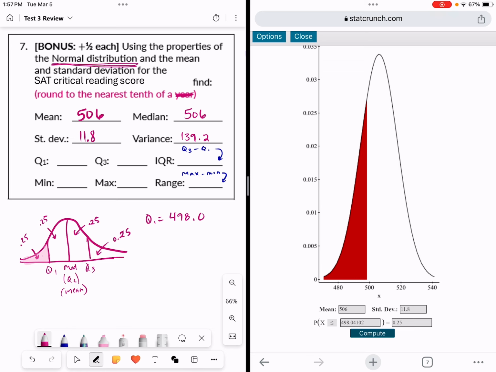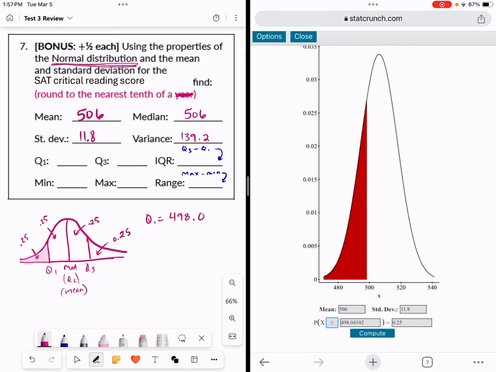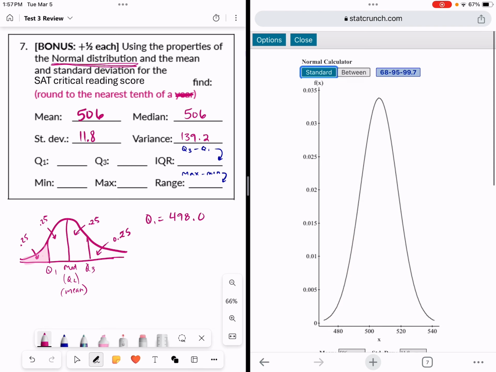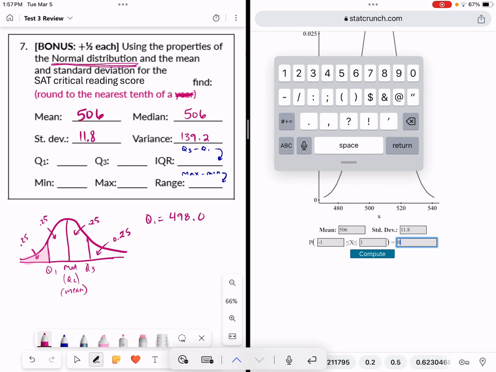So I could do this same thing and either change this number to 0.75 or change my symbol and my number, but I can also use the between. And so if I switch to between and I say I want to find the middle 50%, that would be both of these together would be 0.5 or 50% of the area.